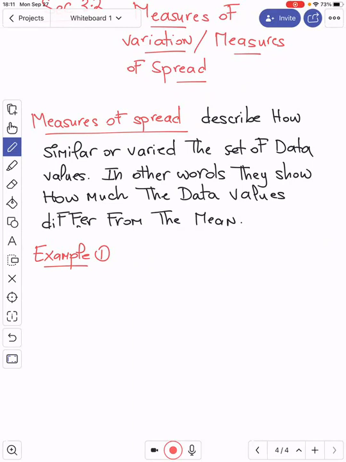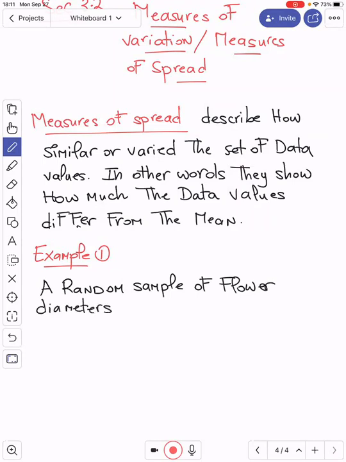Let's say we have 6 flowers. I'm going to use inches, all right?